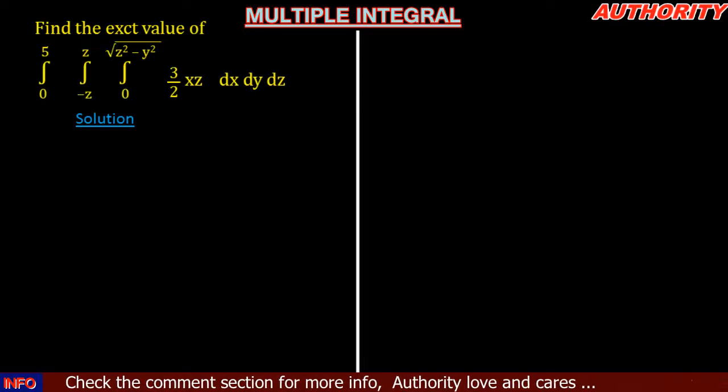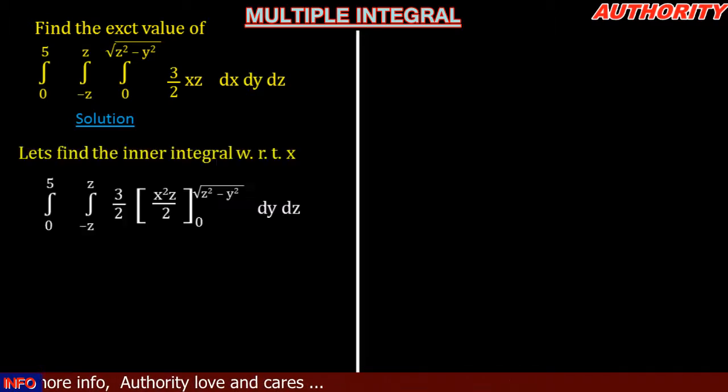Now let's go. When we integrate 3 all over 2 xz with respect to x, it's going to give us 3 all over 2 open bracket x squared z all over 2, close bracket, from 0 to square root of z squared minus y squared.